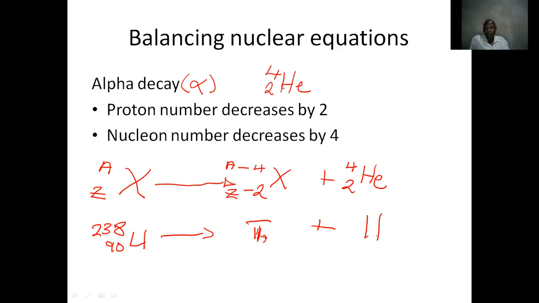So you're going to have your helium atom, the nucleon number 4, and then the proton number 2, meaning that to 238, we need to subtract 4. So we remain with 234.